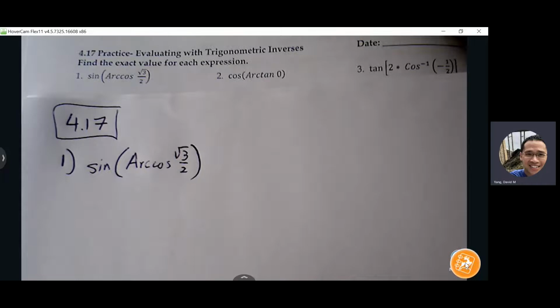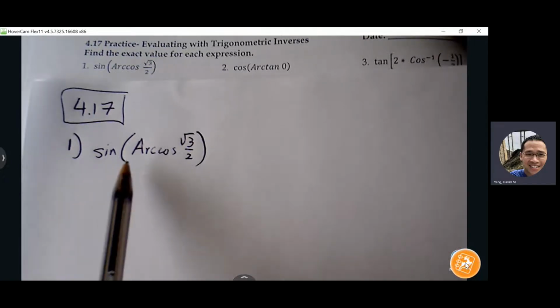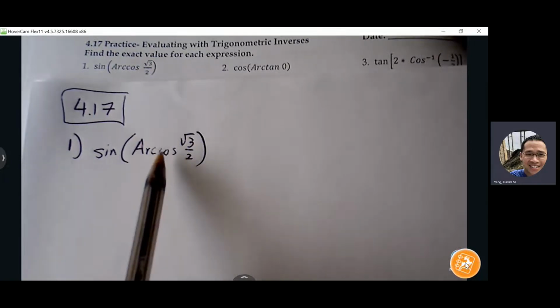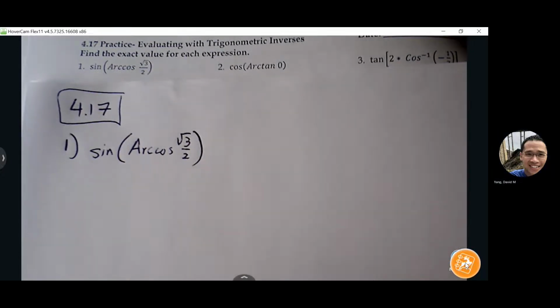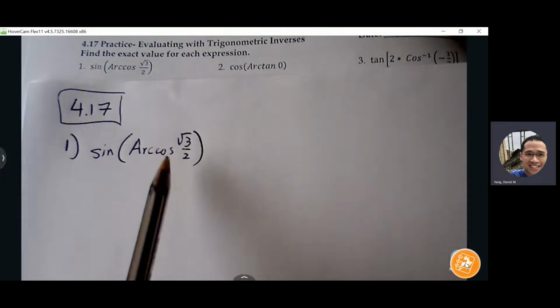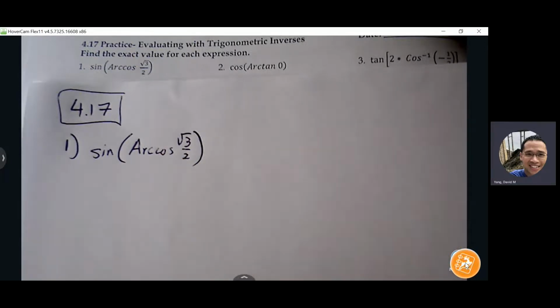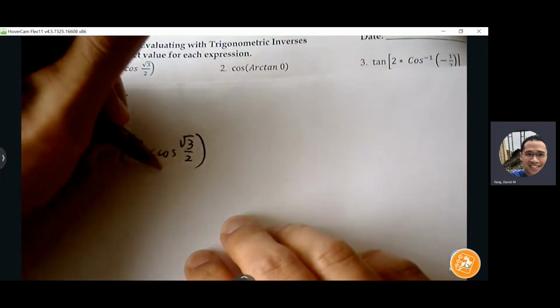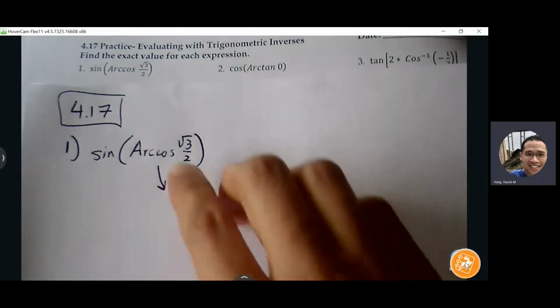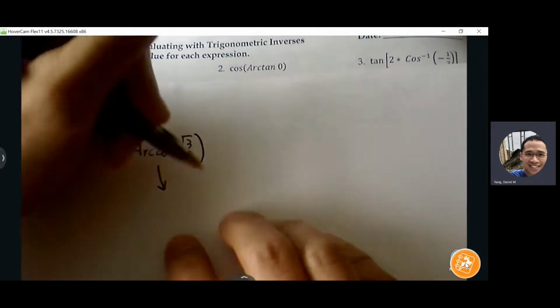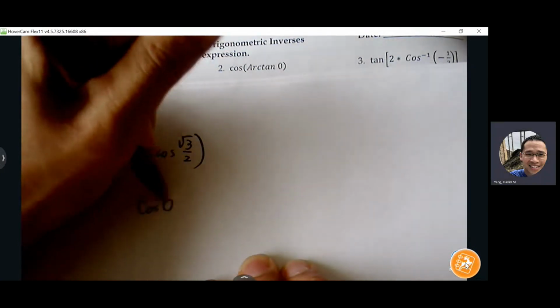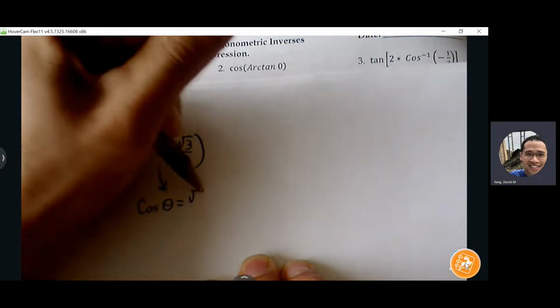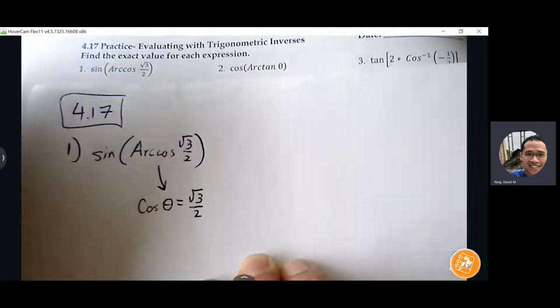Sine of arc cosine of root 3 over 2. Notice that this is uppercase A, so we know that this is talking about principal values, but cosine, but it's positive. So positive is just first quadrant. You don't have to do anything special with that. But understand that if it's arc cosine of root 3 over 2, let's first figure out what that means. This is another way of saying it is cosine of what angle is equal to root 3 over 2.